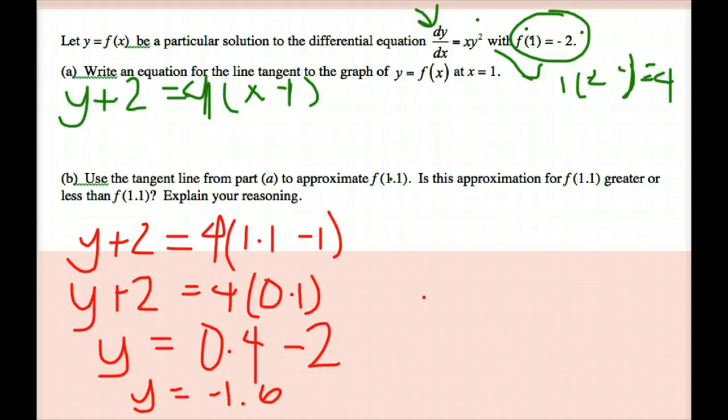I know that I'm at approximately negative 1.6, and it asks whether this approximation is greater than or less than the actual value. So what we need to do is find the second derivative. Let's do that on the side over here.